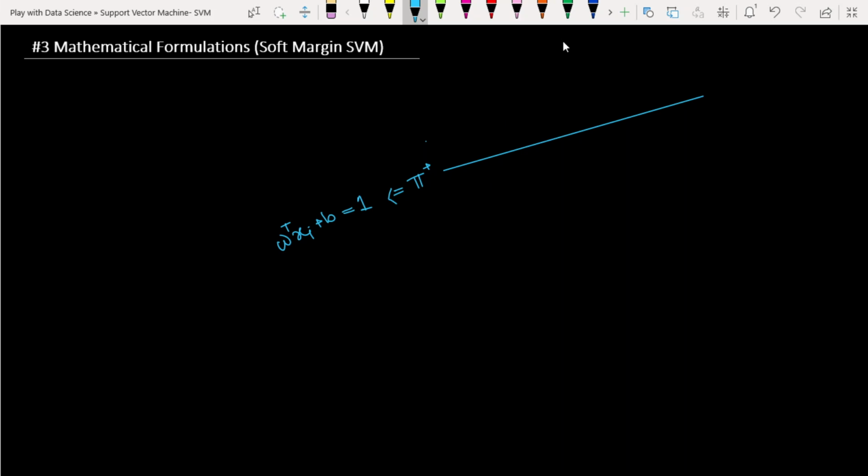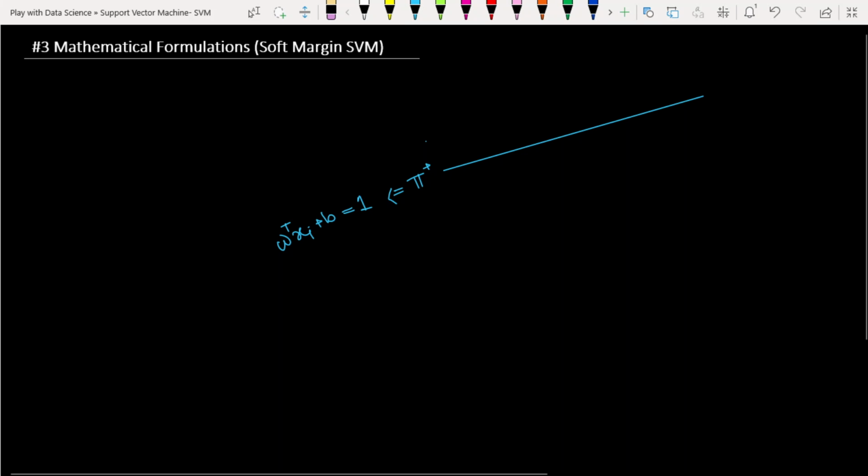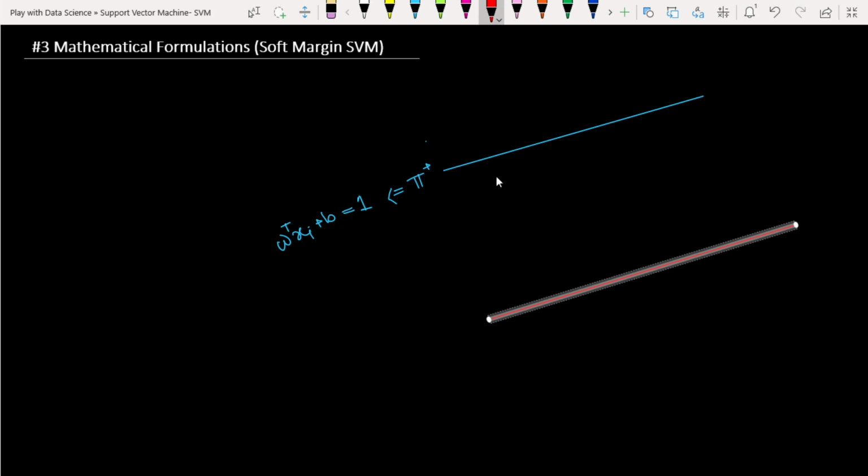Let's use red color for our pi minus plane. This is our pi minus plane, and the equation of pi minus is W transpose xi plus b is equal to -1.